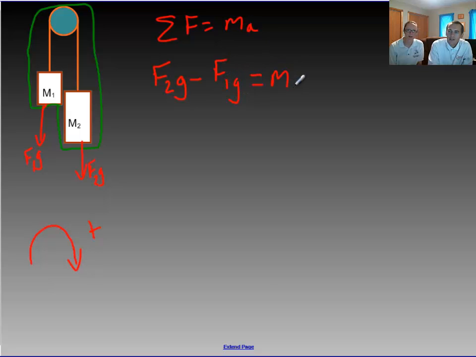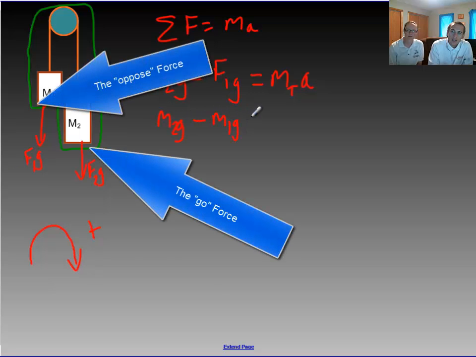But the mass is the mass of the system, so this is the total mass. I'm going to put MT there so we know it's the total mass times A, which is the acceleration of the system. Well, F2G is just M2G. So M2G minus M1G equals the total mass times the acceleration.